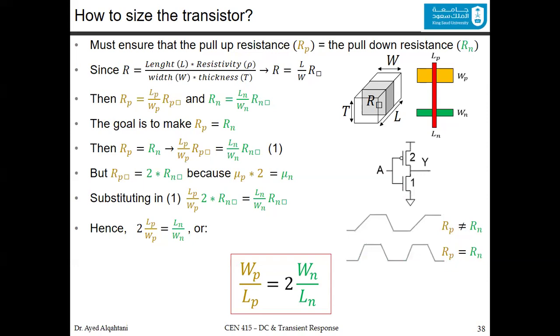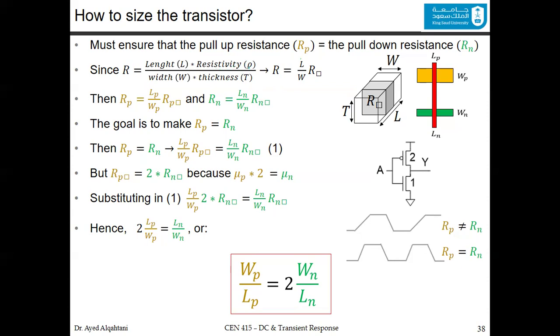Now, to find R: R is equal to L divided by W times R squared. And the R squared is actually the resistivity rho divided by the thickness T. T is what is indicated here. This is the thickness, and rho is based on the material used in the transistors.